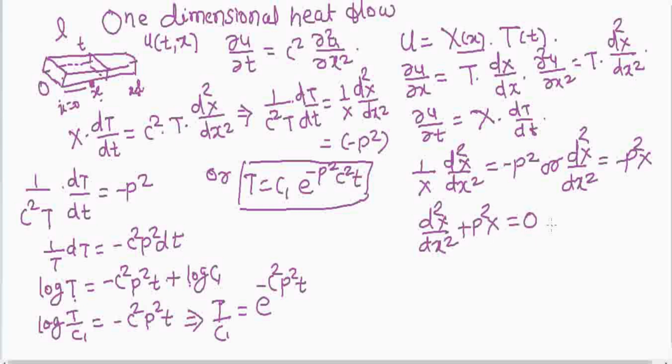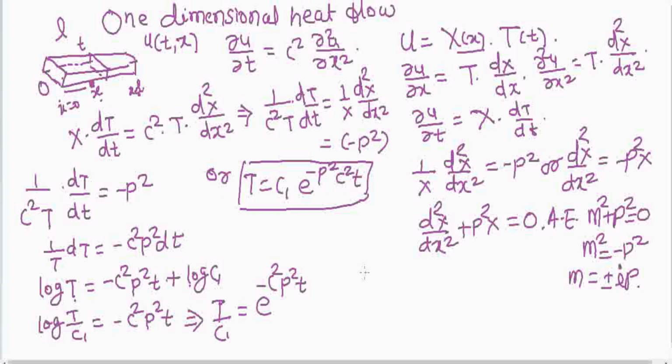This is a second order equation, and the auxiliary equation of this is m square plus p square equal to 0, so m square equal to minus p square, and m equal to plus or minus i into p, imaginary roots, and therefore the solutions are trigonometric.